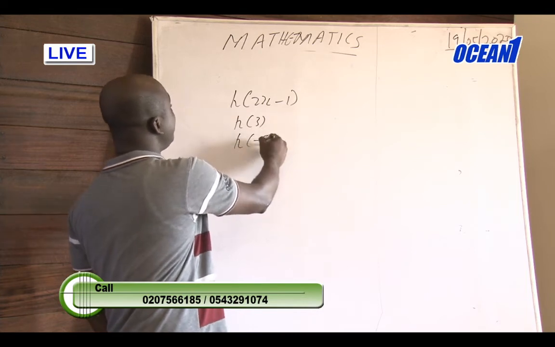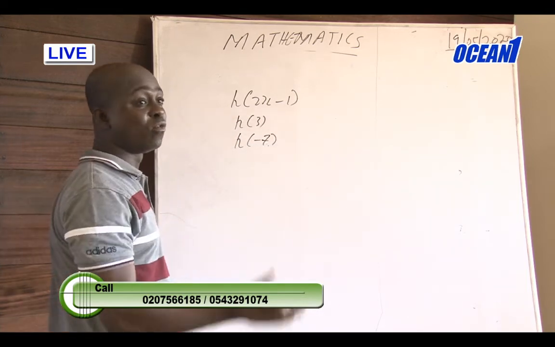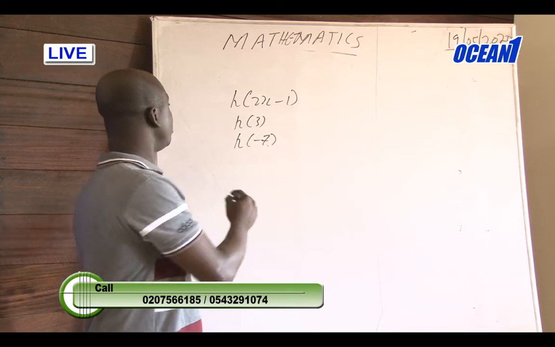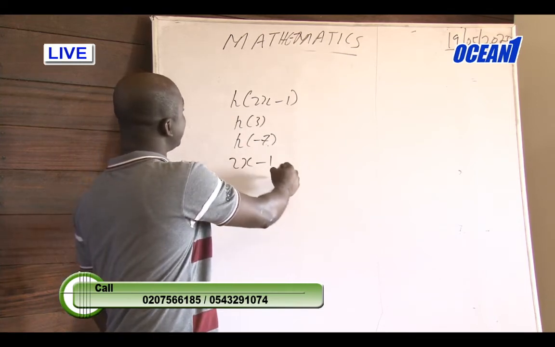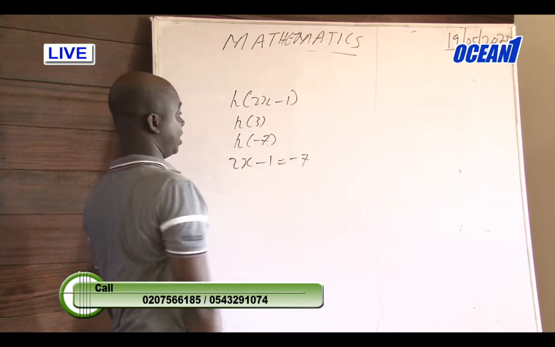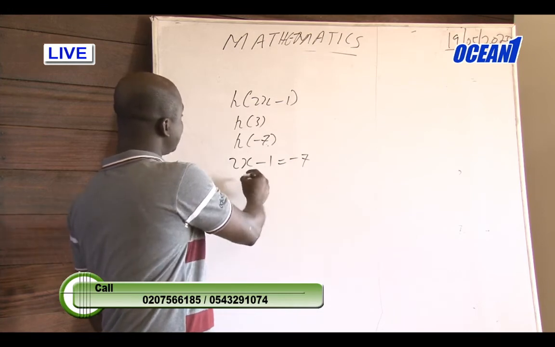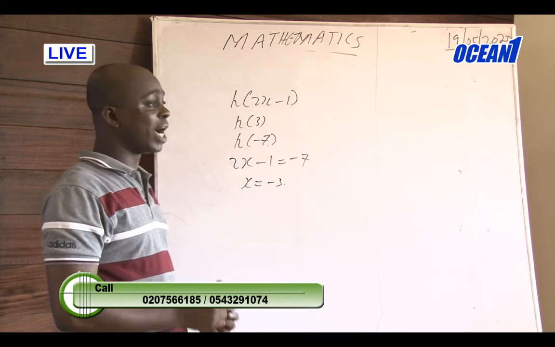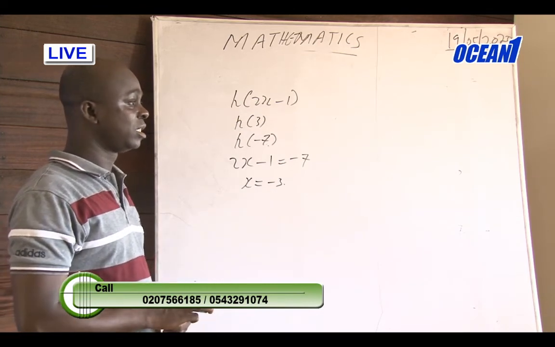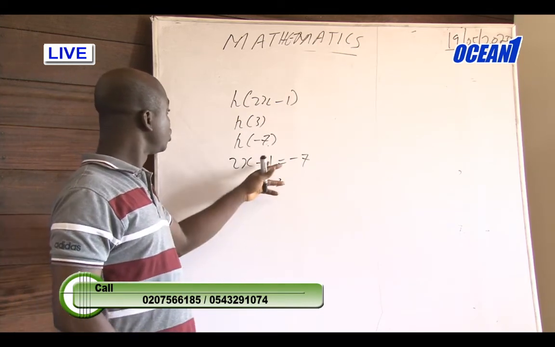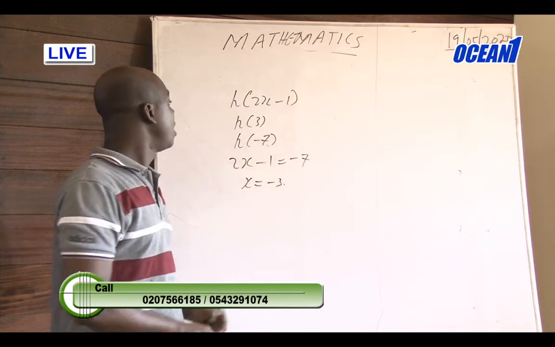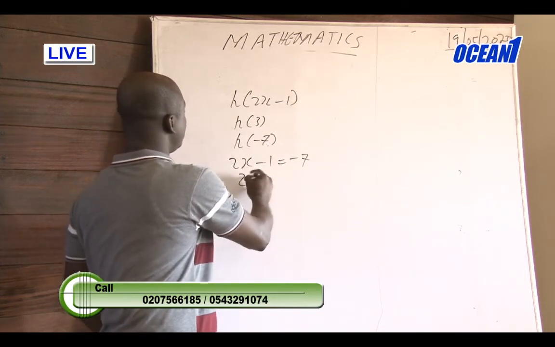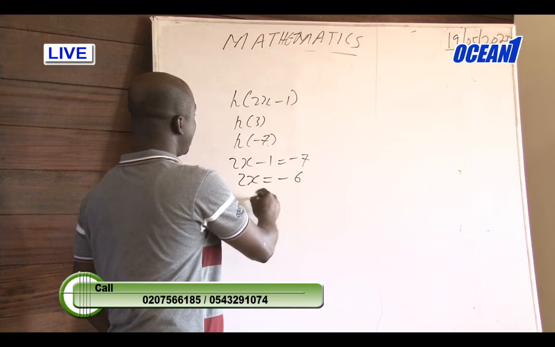Possibly our difference might be on what we got for x. Let's think of what you got for x as a result. We have 2x minus 1 is equal to minus 7. Did you get x equal to minus 3? That is, this is going to become 2x equals minus 6, and x equals minus 3.